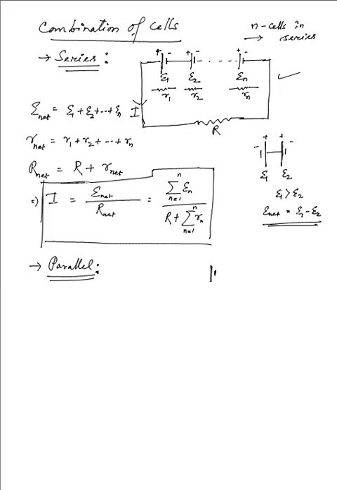So we have a cell over here with an EMF E and an internal resistance r, another cell of the same EMF and the same internal resistance. We are not considering different EMFs as of now. We will be considering them after we have studied Kirchhoff's law for your better understanding, so I need you to keep patience for that. And we can similarly have n number of cells in parallel for a general view of it. So n number of cells considered in parallel.